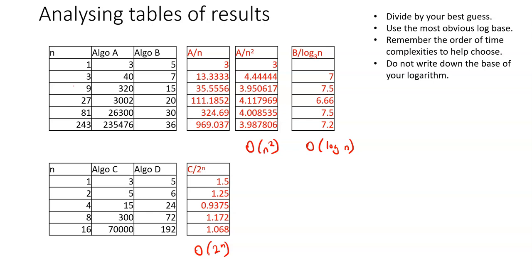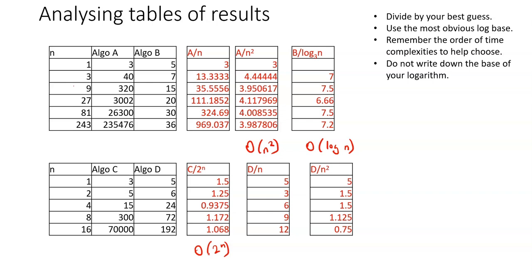Maybe you try the factorial first. For D, again, pause if you haven't tried it already. We divide by n. It seems a bit better, but this one seems to be going up still. So we try n squared. This one is consistently going down, so we wouldn't be sure about this one.